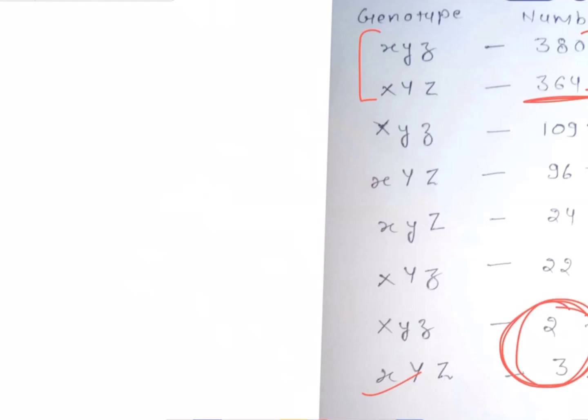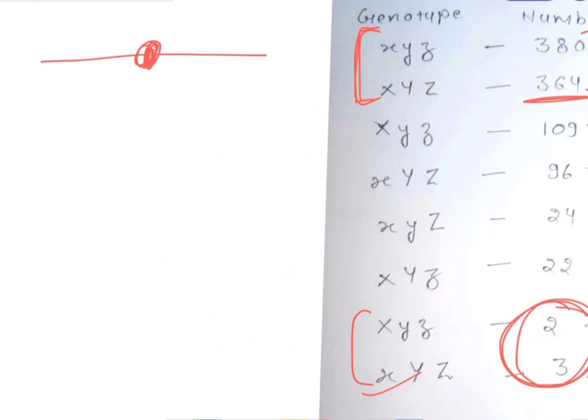For calculating the gene order, we compare the parental genotype with the double crossover genotypes, in which only one allele or gene differs, and the gene which differs is present in the center of the gene order.